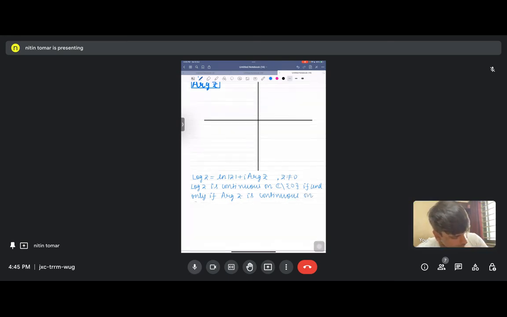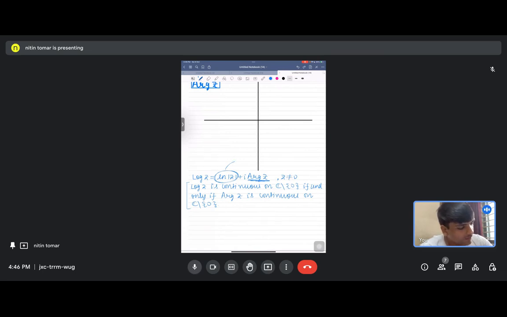Yes, sir. See, if argument z is continuous, then we know this part is always continuous, right? This part is always continuous. So if argument z is continuous, then log z is a sum of two continuous functions.